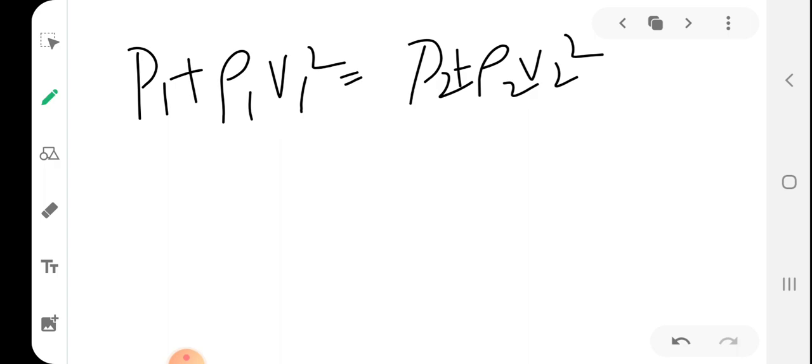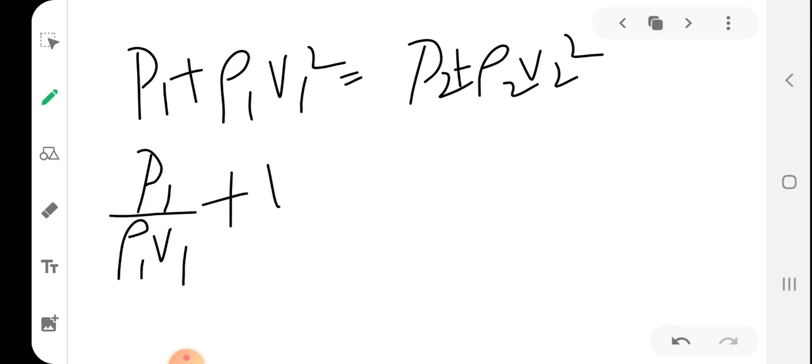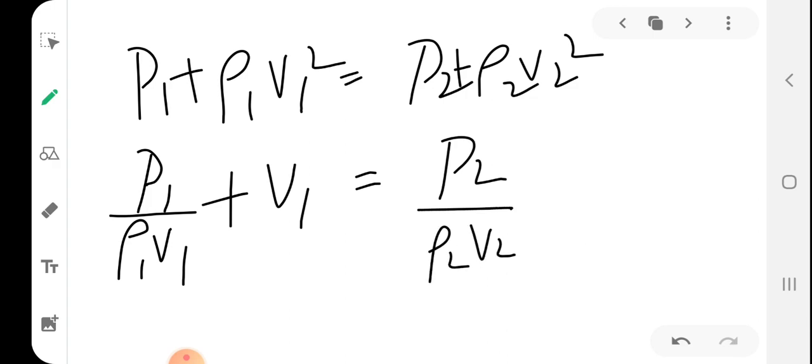Now I am rearranging this equation by taking rho 1 v1 to the denominator: P1 by rho 1 v1 plus v1 is equal to P2 by rho 2 v2 plus v2. So I am dividing the whole equation with rho 1 v1.